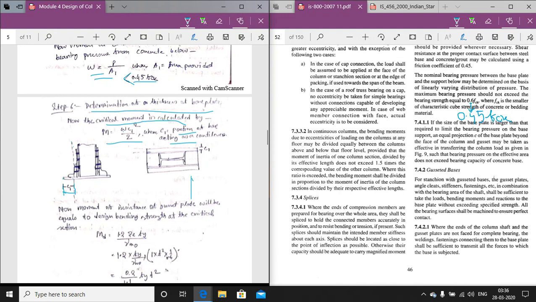This one is fixed, so that portion is fixed here. Now this length is here, so it acts as a cantilever.